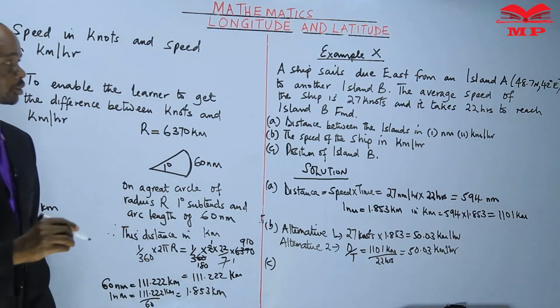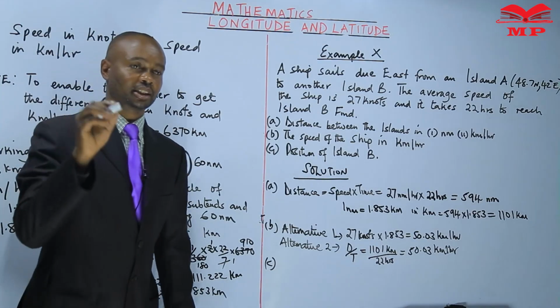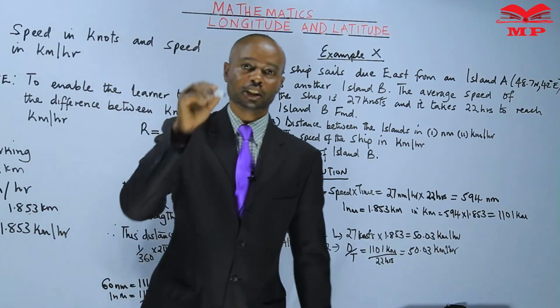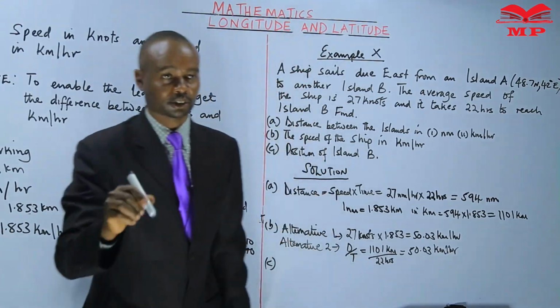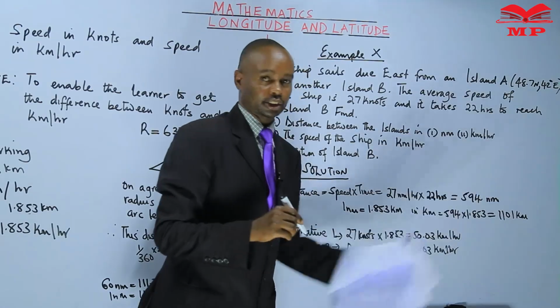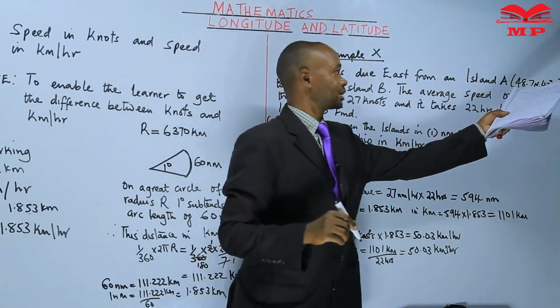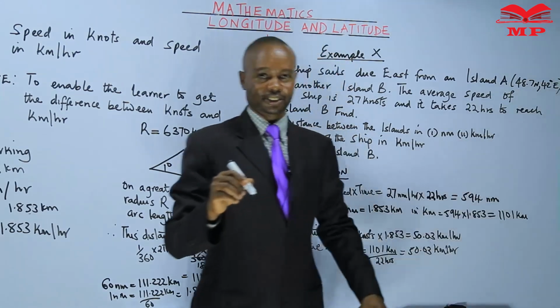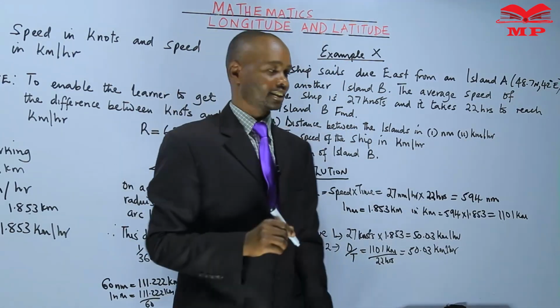When we come to C, learner, when they talk of position, we learned earlier that to give the definite position of a place, we should state the latitude and the longitude. Given that the ship moved due east, it still retained its what? Its latitude, but the longitude changed.